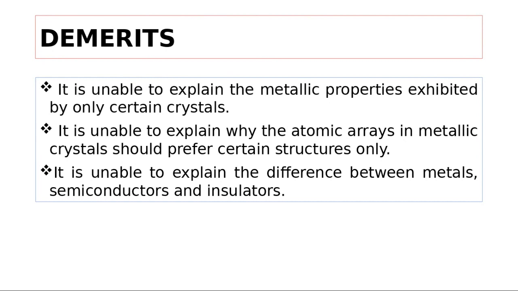So here we were discussing the merits and demerits of the quantum theory and classical theory. The classical theory was proposed in 1900, and Sommerfeld proposed the quantum theory in 1928.